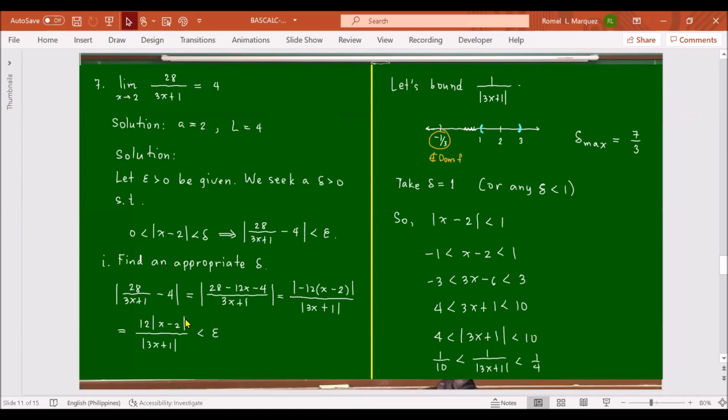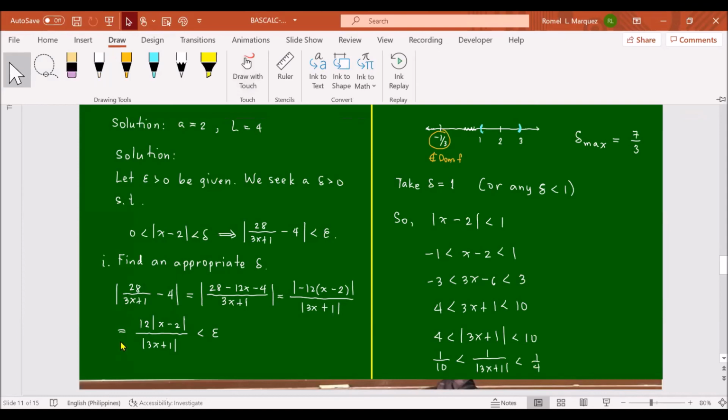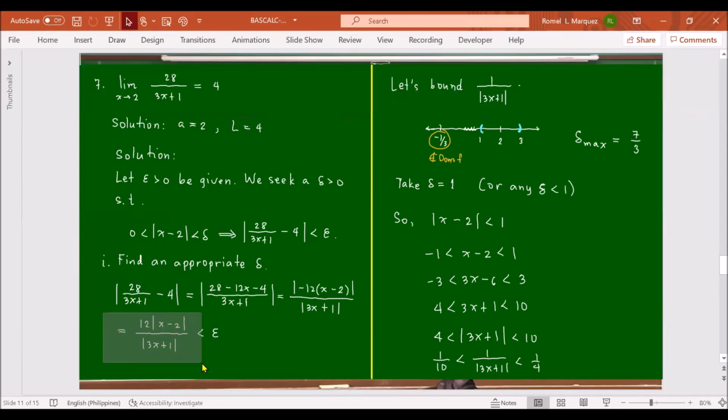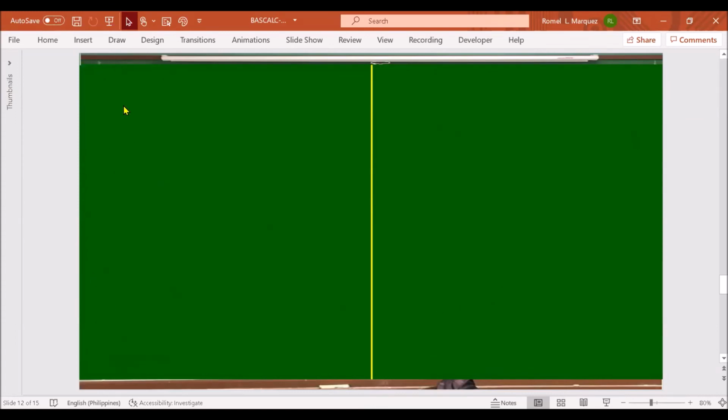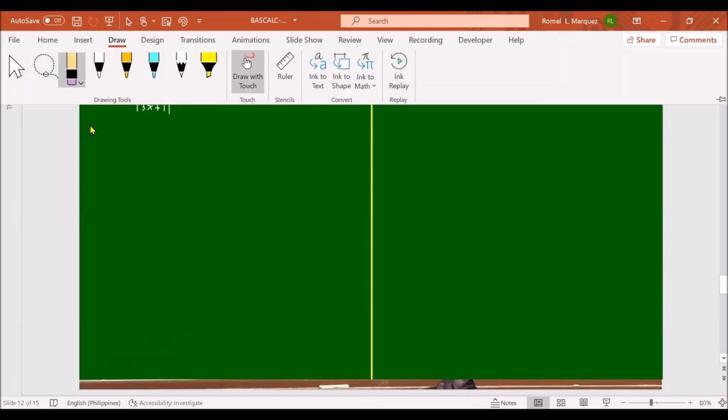And what is nice in this expression is that this is really the left side of the conclusion. So let me get this part, which is actually the left side of the conclusion, and let me remove the equality sign.